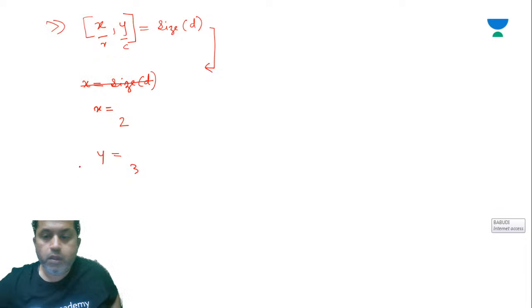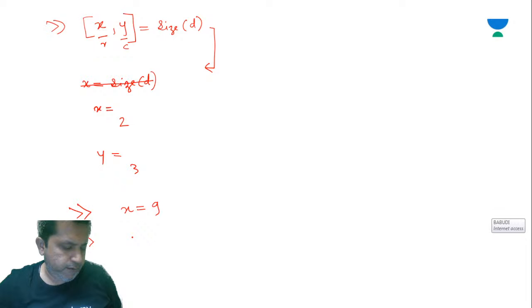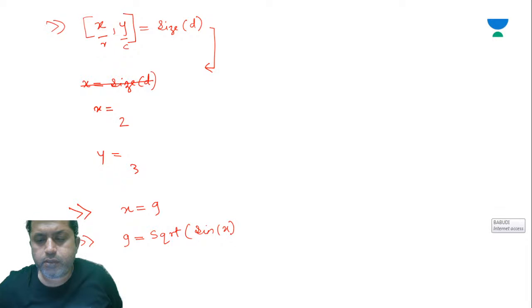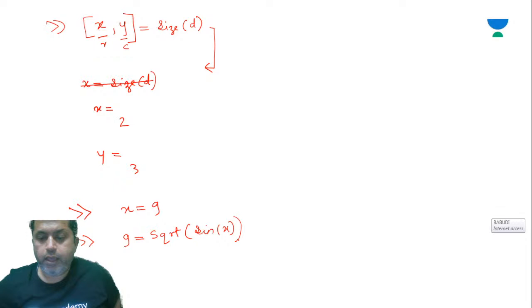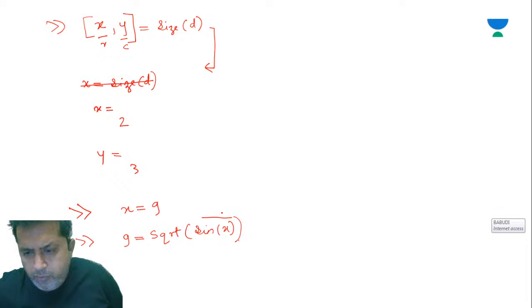Now I will write one more situation here. x is equal to 9. I will write one function, g is equal to sqrt of sine of x. So first of all, tell me what will be sine of x.